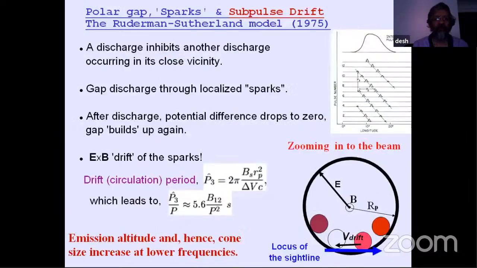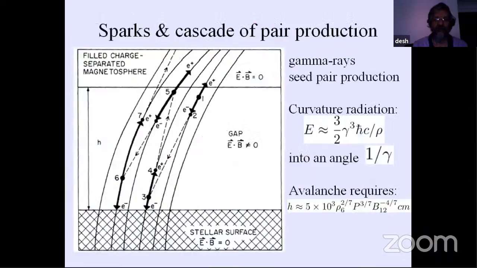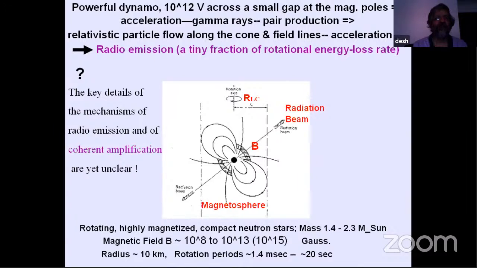So let me go back. Okay, where was I? All right. So you can study the behavior in this 50 meters of this polar cap region. You can also study, we say that radio emission is a tiny fraction of the rotational energy loss.